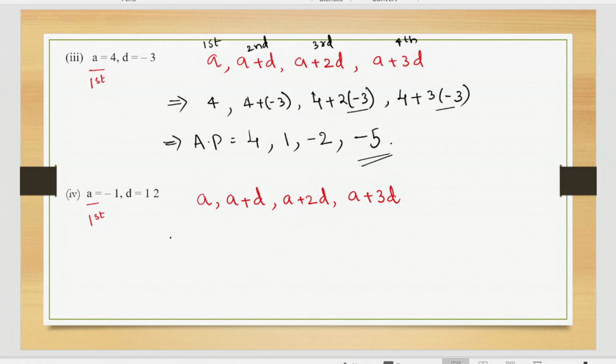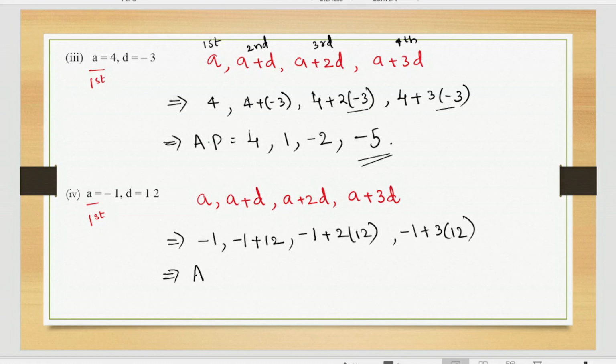The first term A is minus 1. Here we have minus 1 plus D, which is 12. The third term is minus 1 plus 2 into 12. And the fourth term is minus 1 plus 3 into 12.